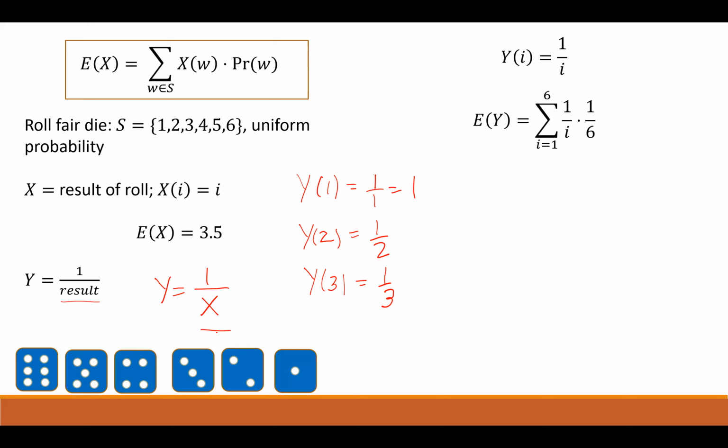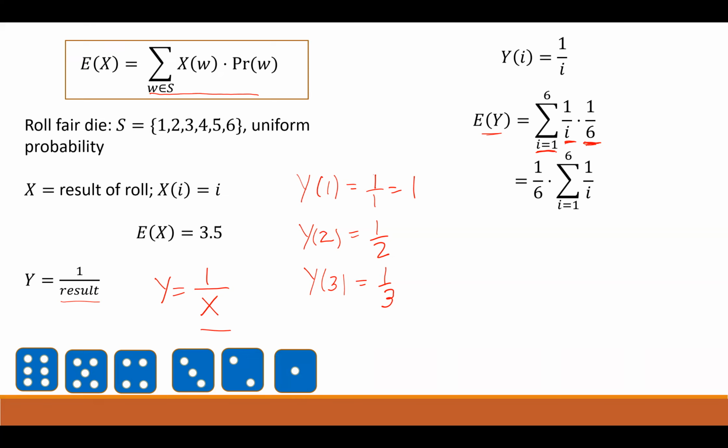Now if I look at the expected value of y, using my definition of expected value, this is all of the values that y takes on. Each of them has probability 1/6. It's a uniform probability space. Since this 1/6 is not dependent on the variable i, it's a common factor.